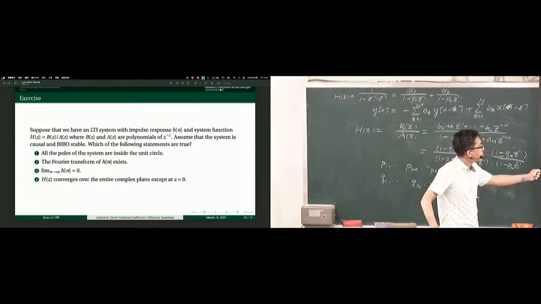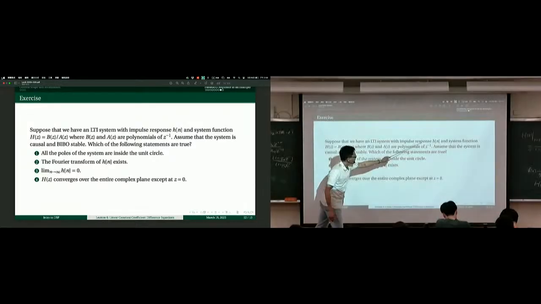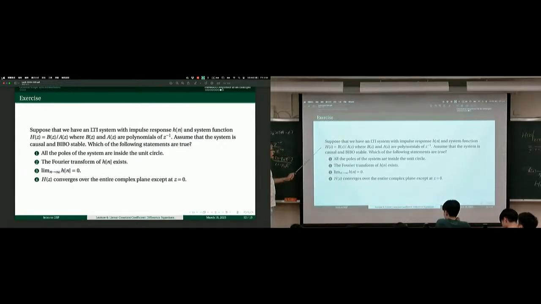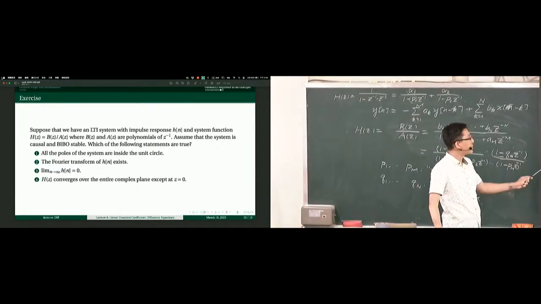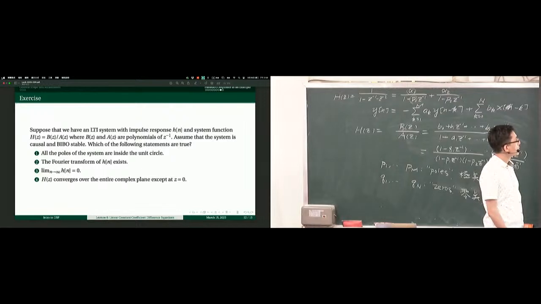Suppose that we have an LTI system with impulse response, small h, and system function, big H, which is the z transform of small h. And suppose that H of z can be written as B divided by A, where both are polynomials. And also we assume that the system is causal and stable.